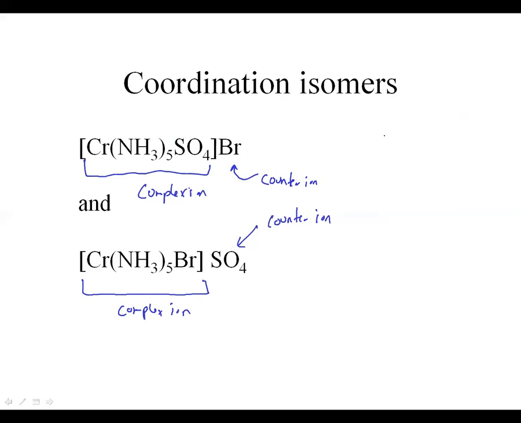So in the top one, what we have is a chromium, and we basically have our NH3s. And we also have our sulfate.